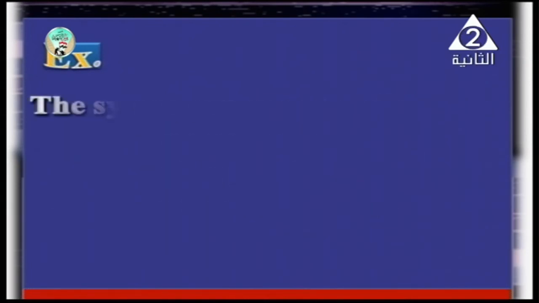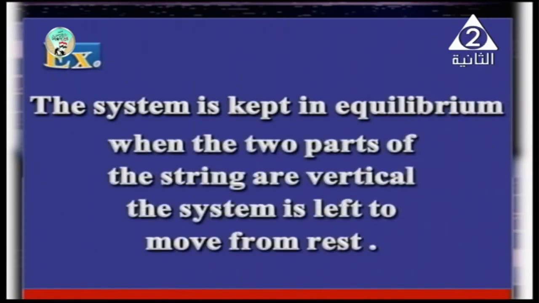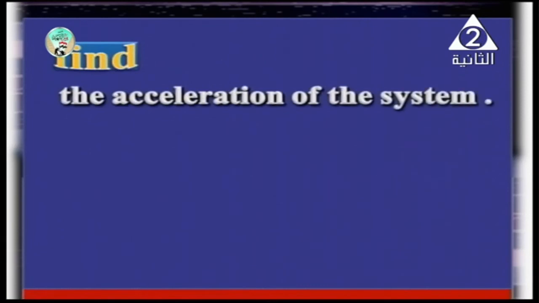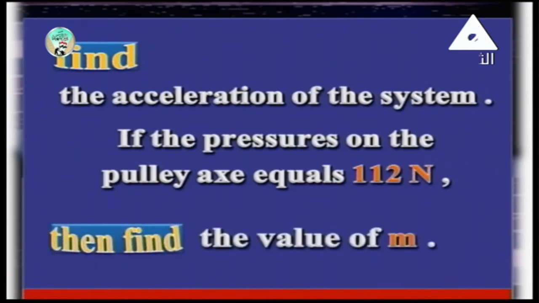The system is kept in equilibrium when the two parts of the string are vertical. The system is left to move from rest. What is required? Find the acceleration of the system, the value of A, if the pressure on the pulley axis equals 112 Newton. Then find the value of mass m.